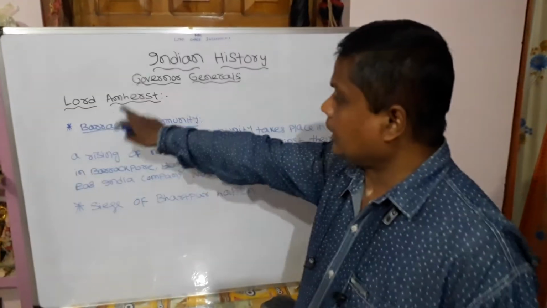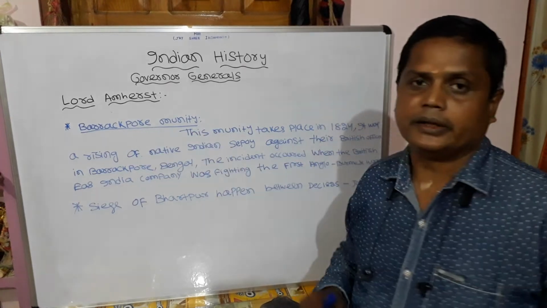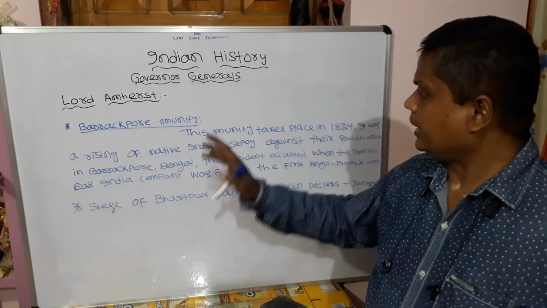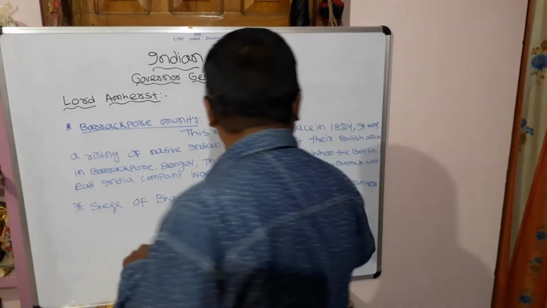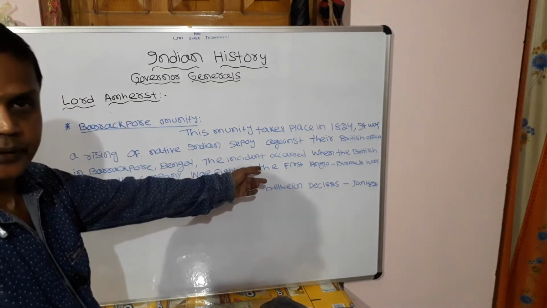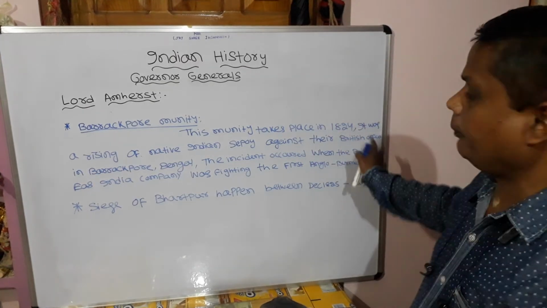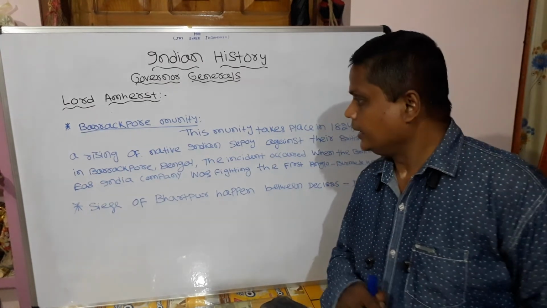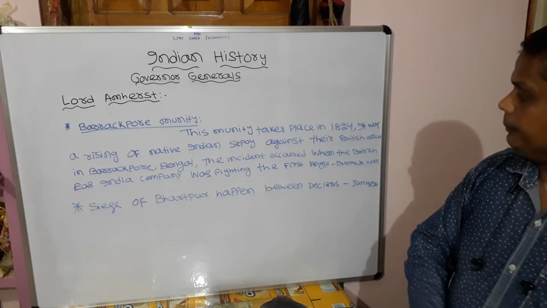Lord Amherst. Next is the Barrackpore Mutiny, which took place in 1824. It was the rising of native Indian sepoys against their British officers in Barrackpore, Bengal.